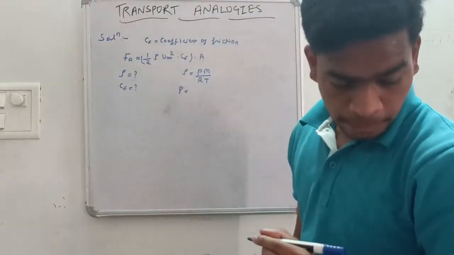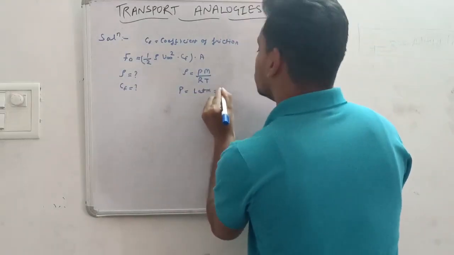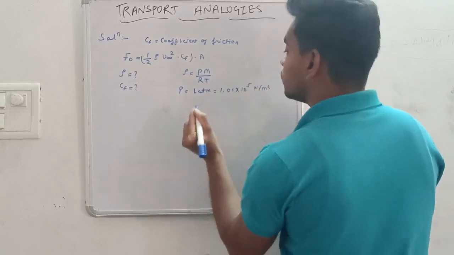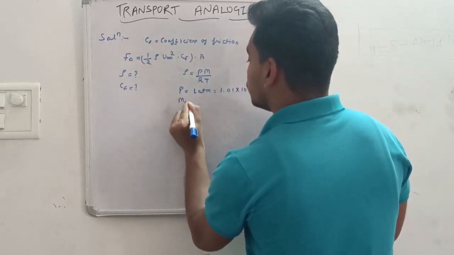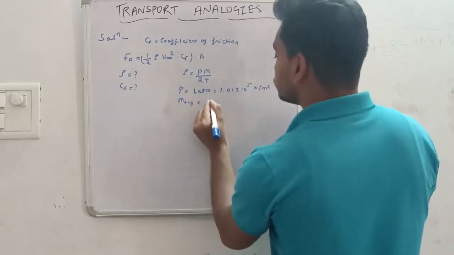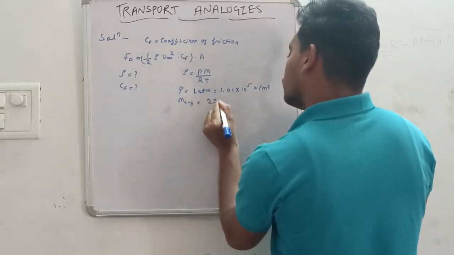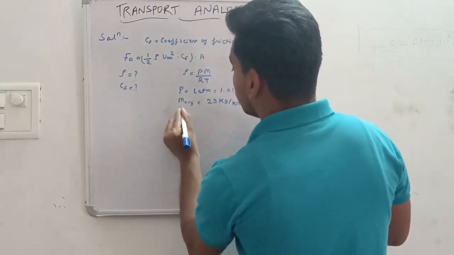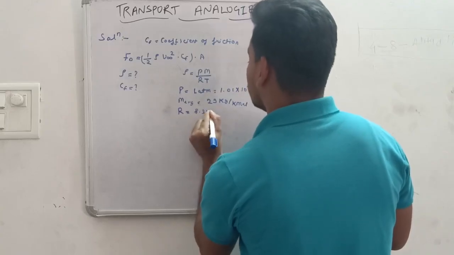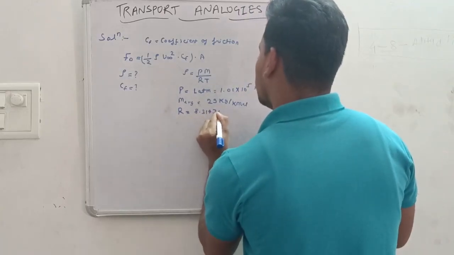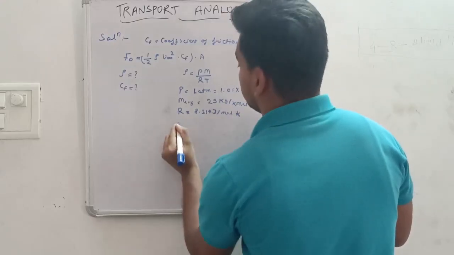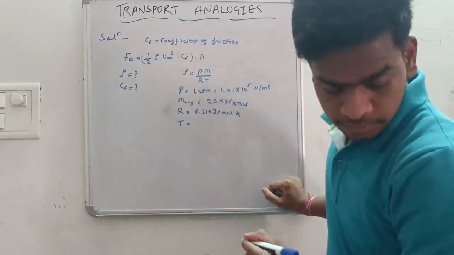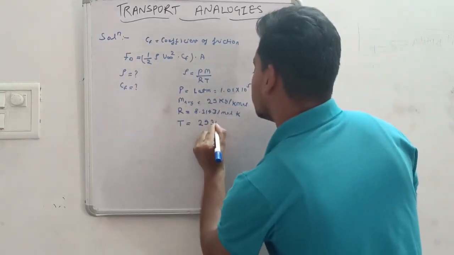Pressure condition is 1 atm, which is 1.01 into 10 to the power 5 Newton per meter square, and average molar mass of gas is 29 kg per kilomole, and we have R is 8.314 joule per mole Kelvin, and last temperature is 293 Kelvin.